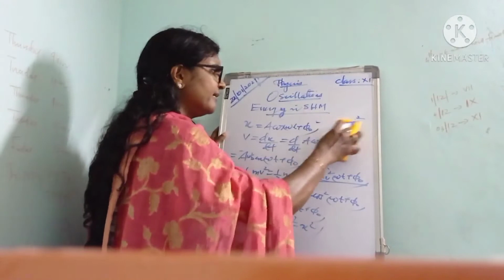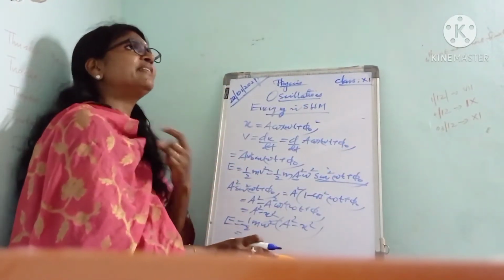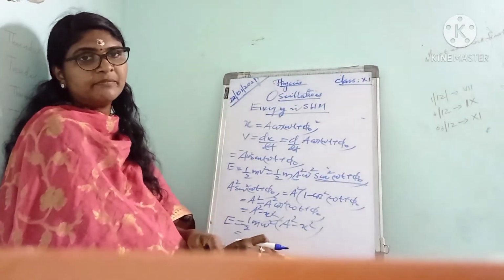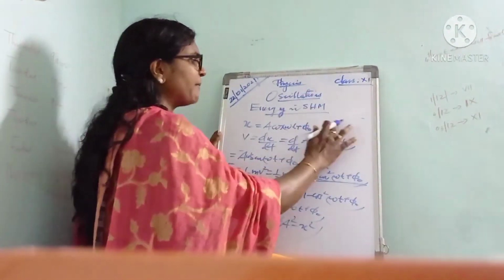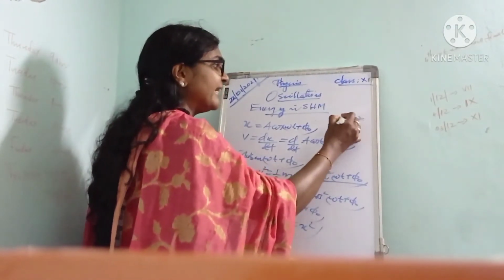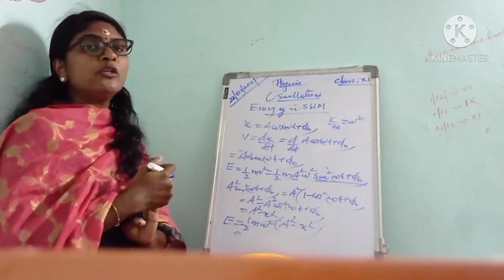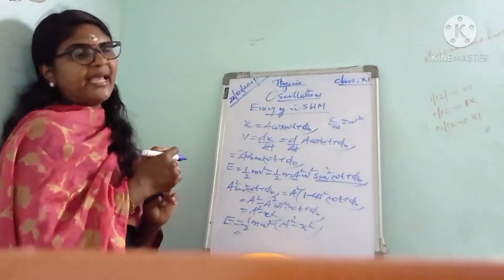But we already derived the differential equation of SHM, where we made the substitution K by m equals omega squared.